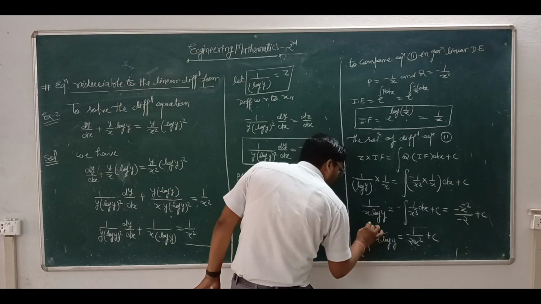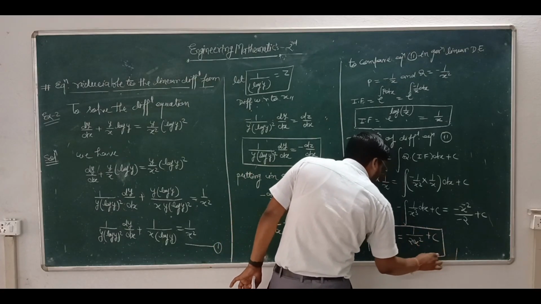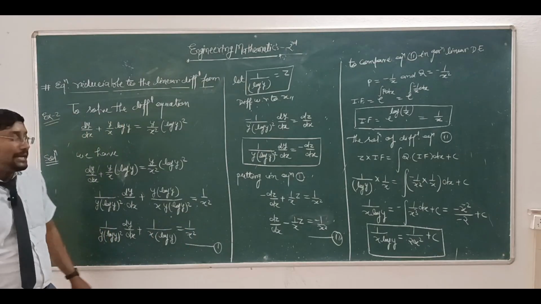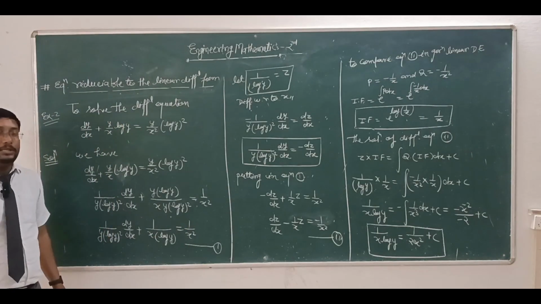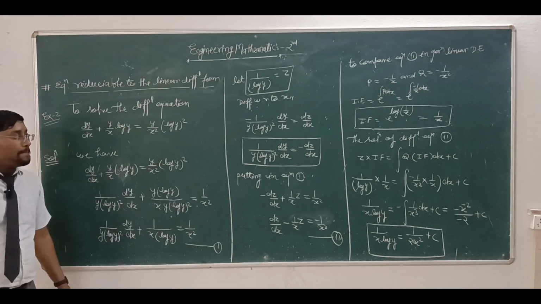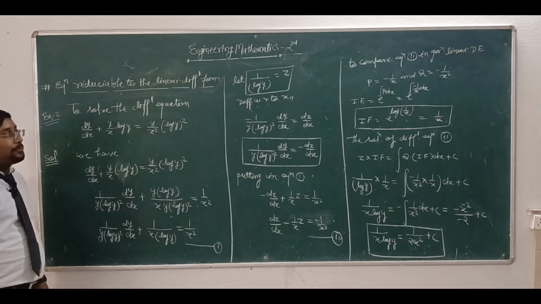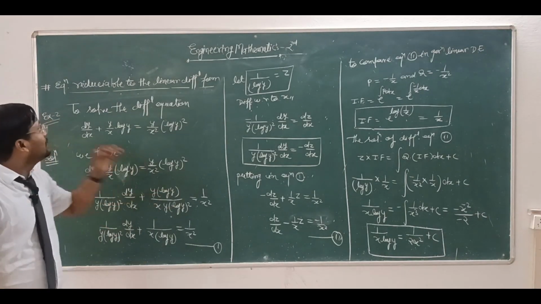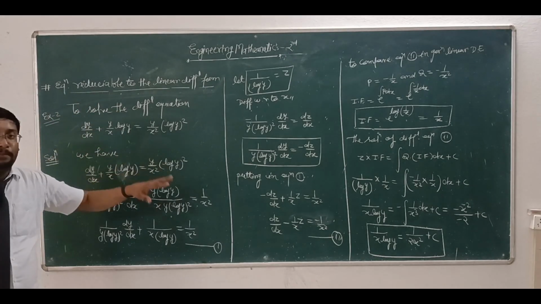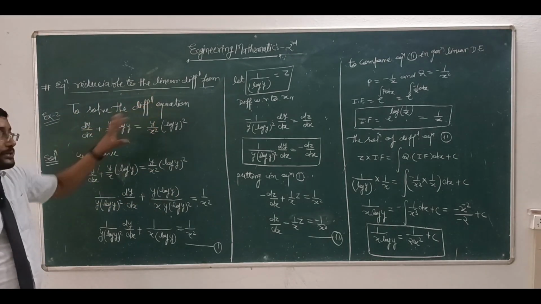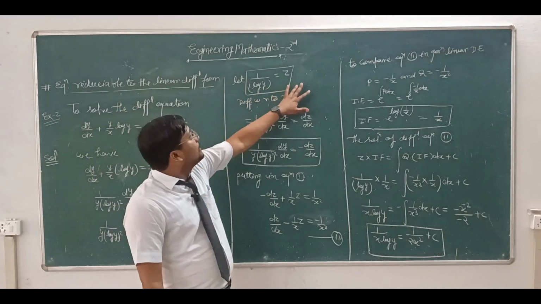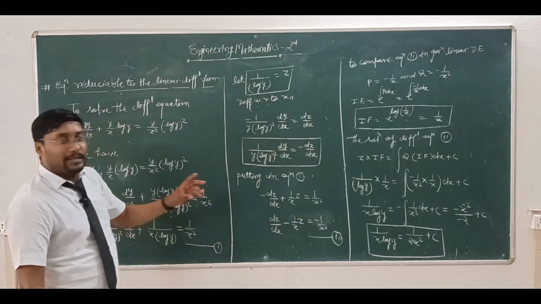This is the solution of the linear differential equation. Please note down this numerical. This numerical is very important for your examination. I am using the equation reducible to the linear differential equation form with the help of let z = 1/log y. Thank you.